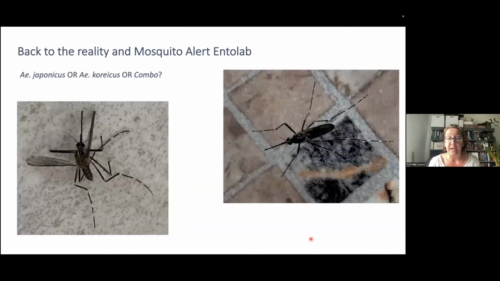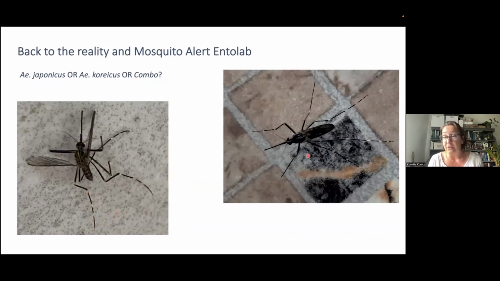And in some cases on the pictures, it's easy. For example, here we can see a very nice thorax pattern that is typical for Japonicus, and we can also see the hind leg with the 3 white rings, but the end of the leg is black.